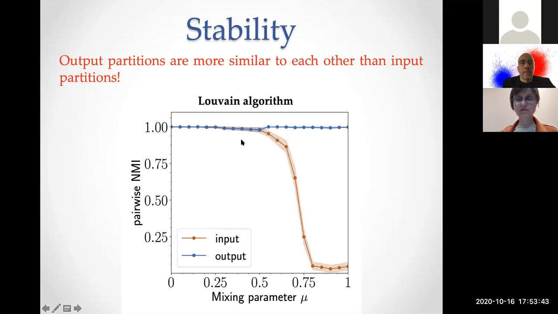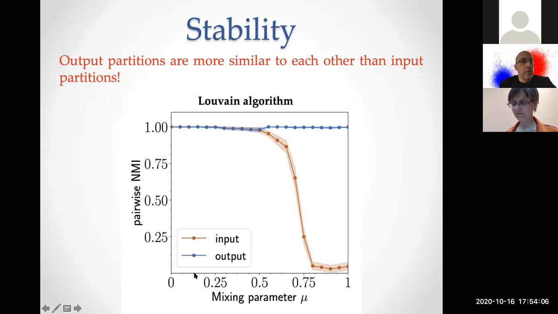So this tells you basically how stable the partitions are before you apply the procedure and after you apply the procedure. This brown line indicates the similarity between any two partitions that, in this case, the Louvain algorithm finds for different values of mu in our benchmarks.